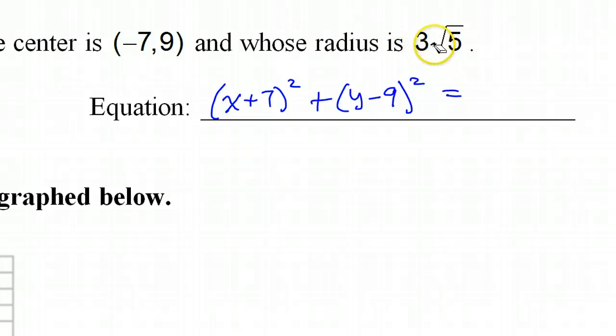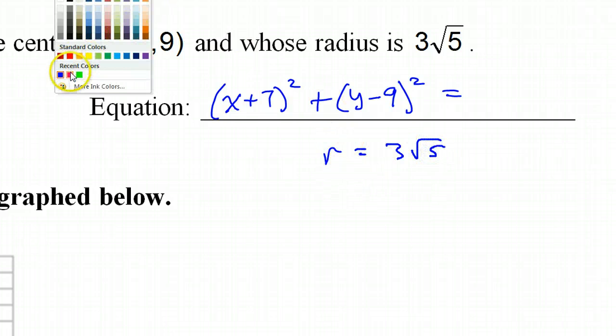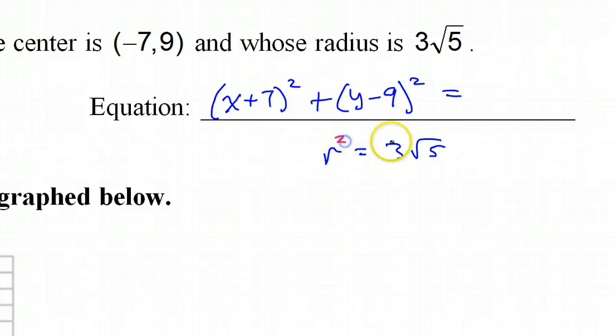Wow, they gave us the radius, so that's easy. So if the radius is 3 radical 5, then all I have to do is square it. Alright, basically if I square both of these, then the radius squared will equal 3 radical 5 squared. Now I can do this in my head.